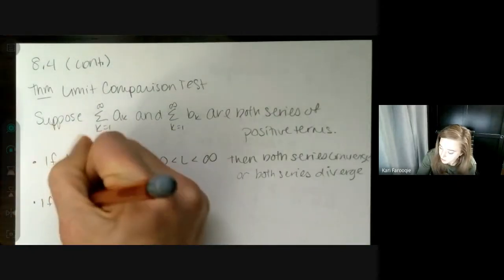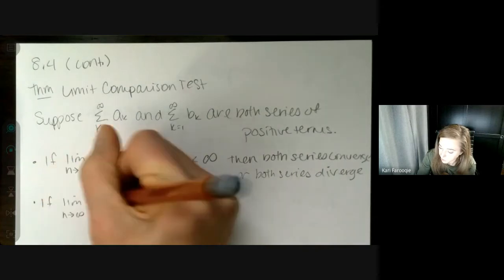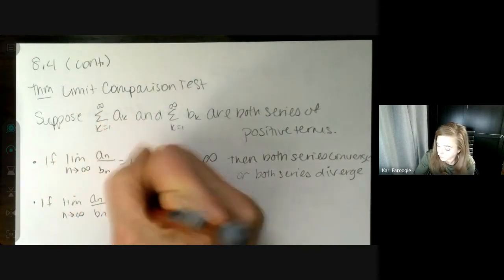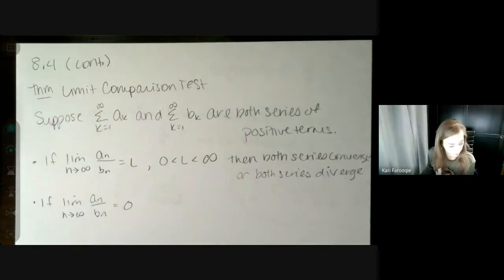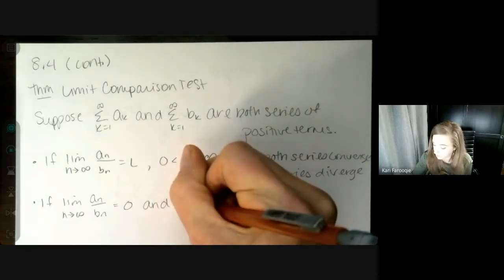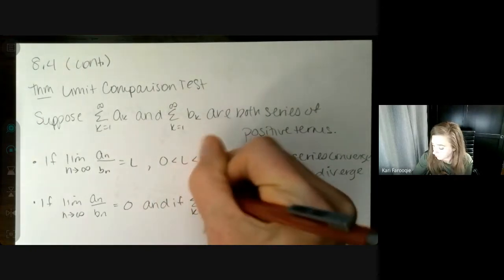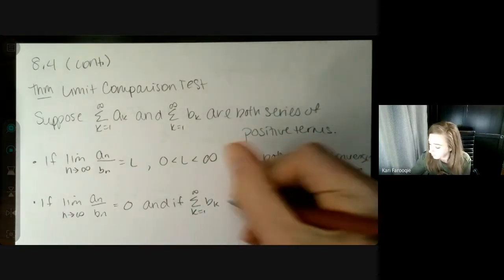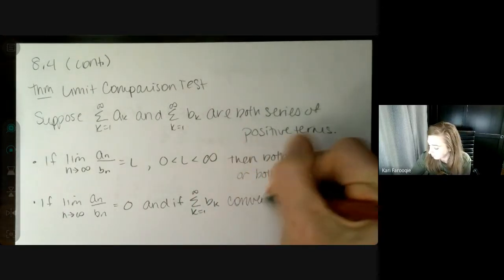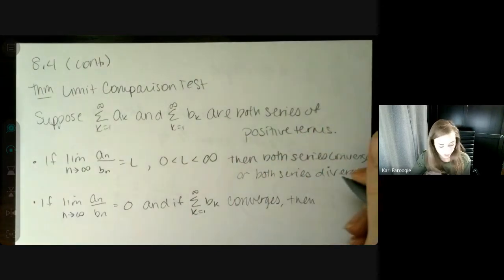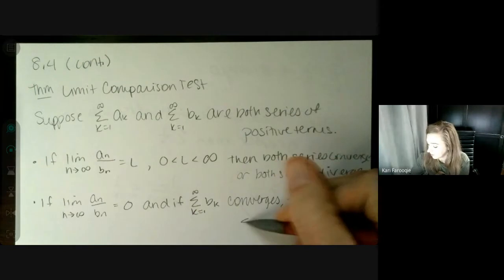If you take the limit as n approaches infinity of a sub n over b sub n, and you do end up getting 0, and if your comparison series, the one you chose, b sub k, converges, then you're going to get convergence for a sub k.